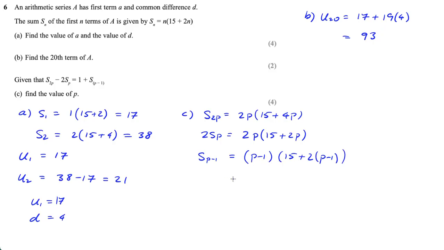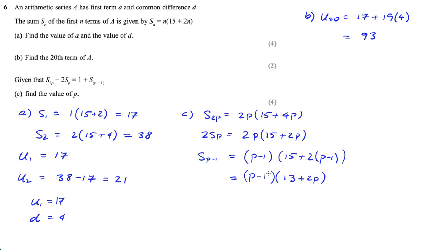Sorry, P minus 1, like this. I think I'll just write this as P minus 1 times 15 minus 2 is 13 plus 2P.